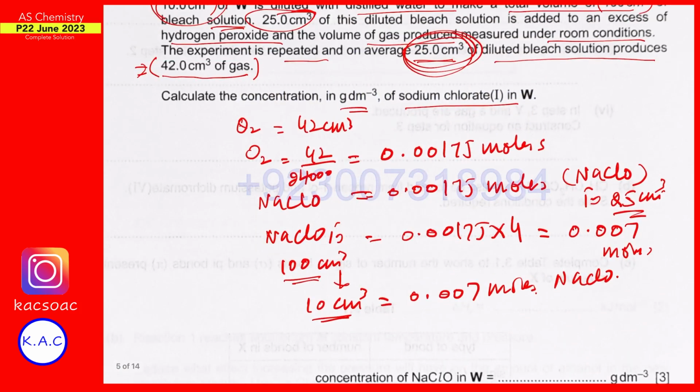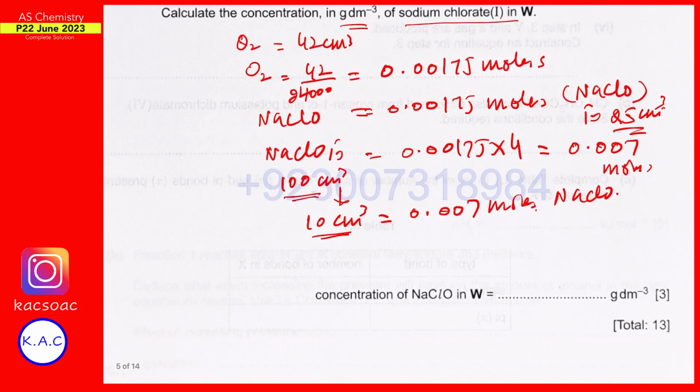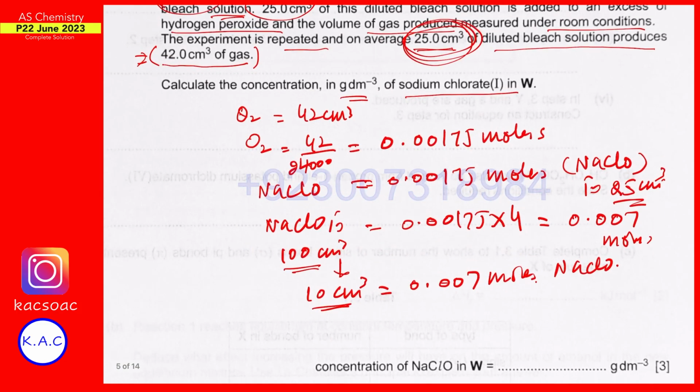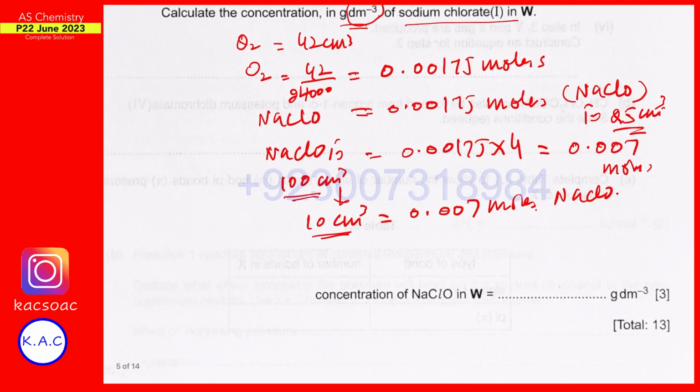Now it's time to convert into 1000, as he is asking to find the gram with respect to dm³. 1 dm³ is equal to 1000 cm³. So 10 cm³ is having moles equal to 0.007. What about if I'm using 1000 cm³?